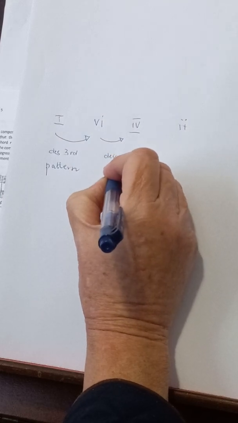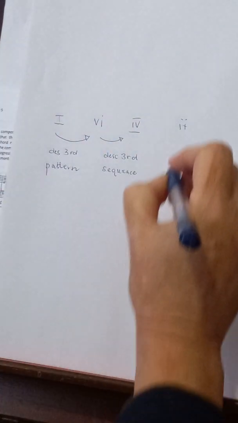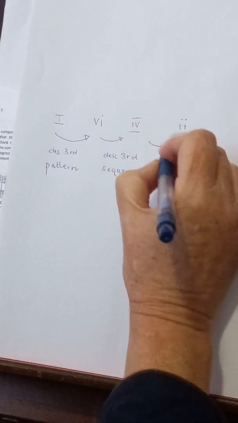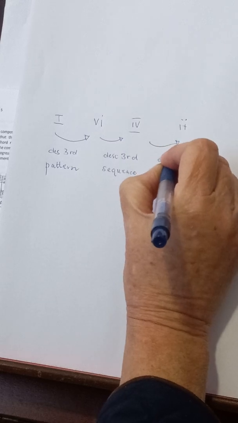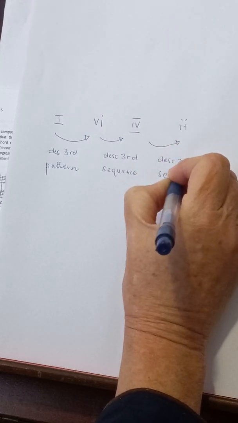So then you do the same here. The root of chord 6 goes down a third to get to the root of chord 4, and then the root of chord 4 goes down a third to get to the root of chord 2. So there's a sequence there.